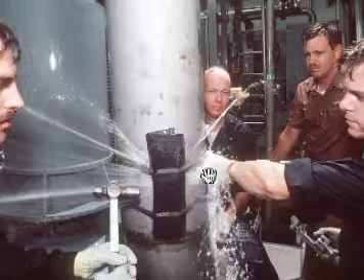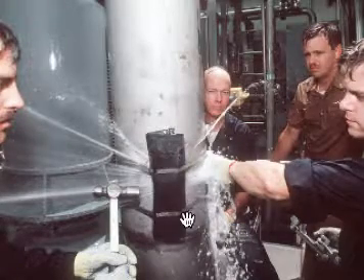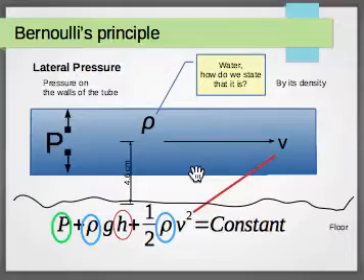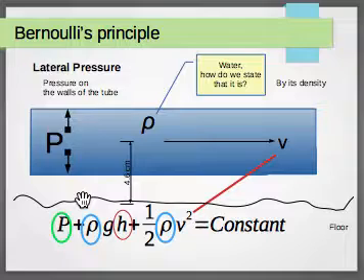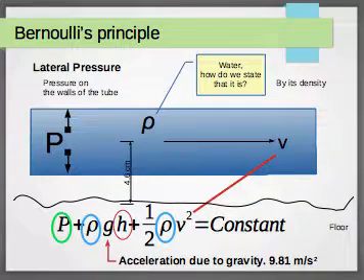And the pressure that we want to talk about right now in Bernoulli's equation is going to be the pressure on the sides, which is going to have a special name called the lateral pressure. So that P here represents lateral pressure, the pressure that's going to be going on the sides of this pipe.